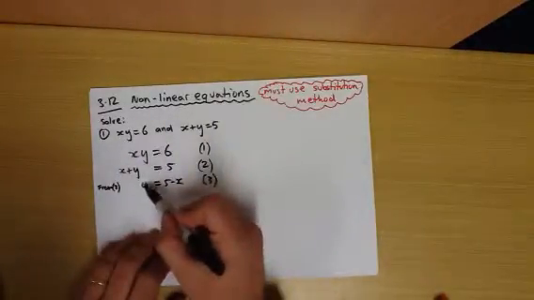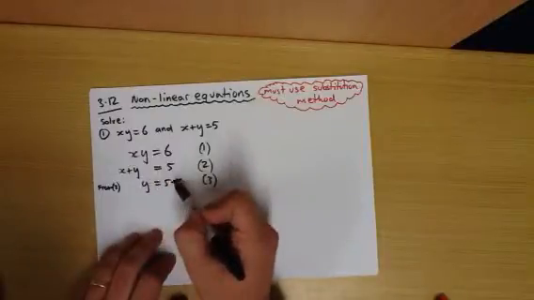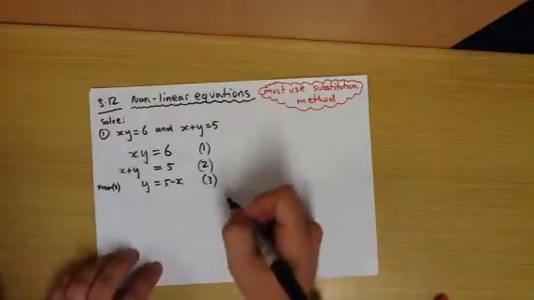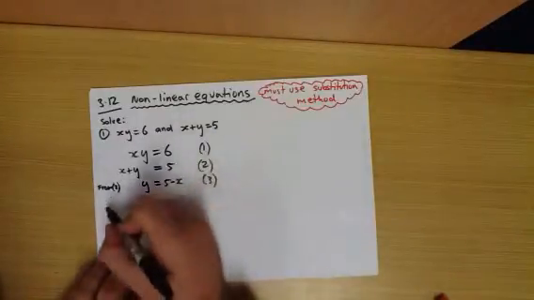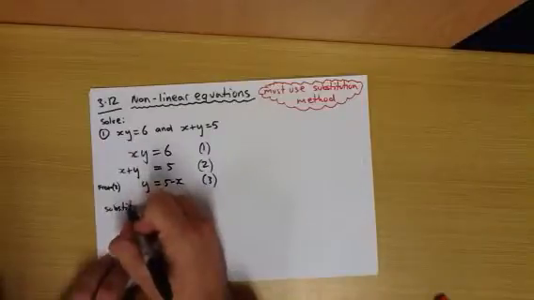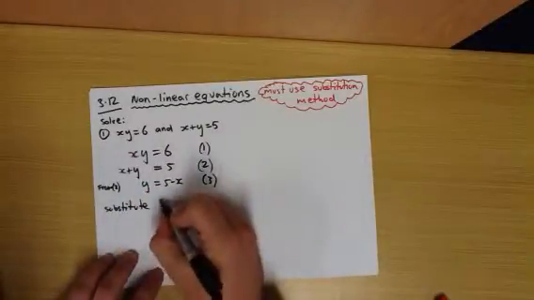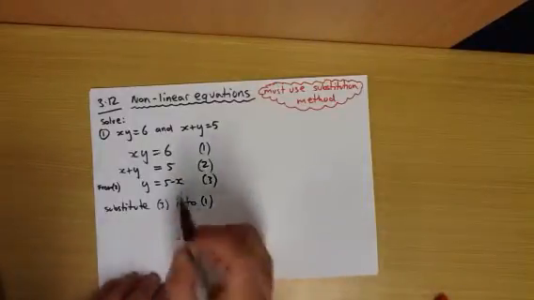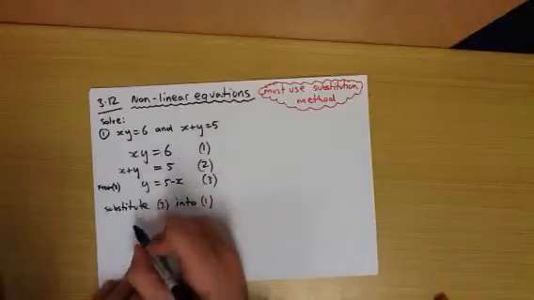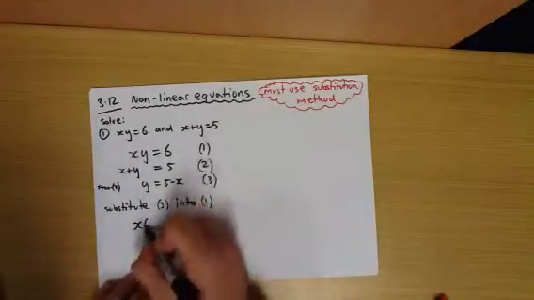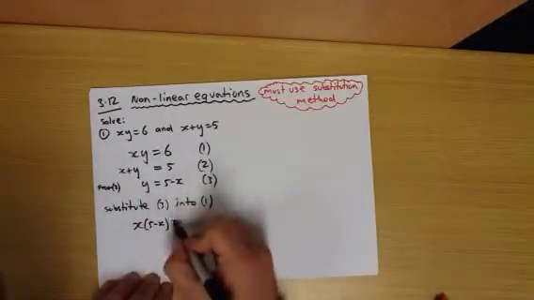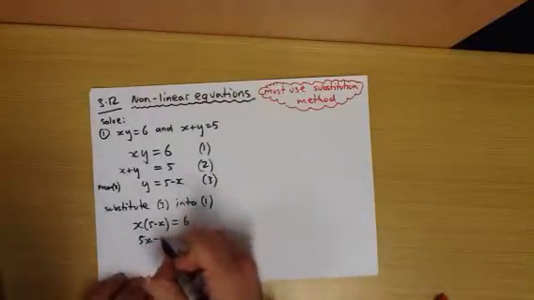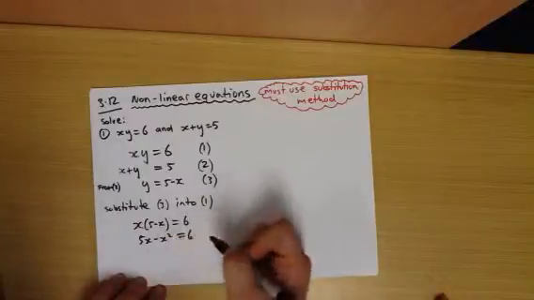Now I'm going to substitute the y, 5 minus x, into equation 1. So what I'm going to have is x, but instead of y, I'm going to have 5 minus x equals 6.